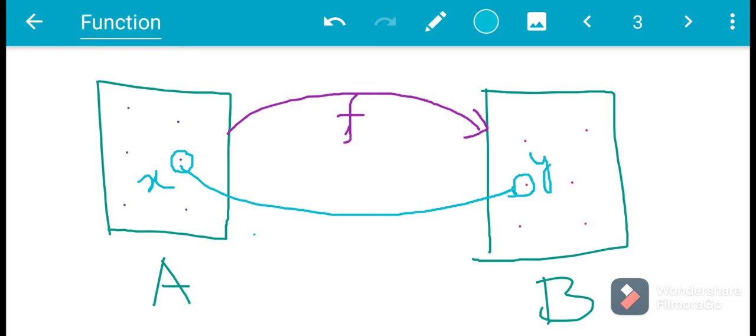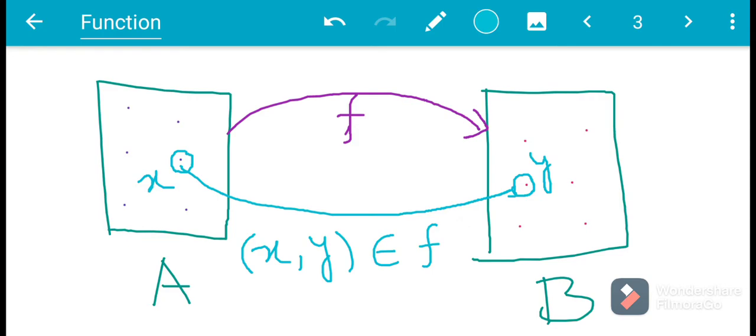Then by rule f, x is connected to y. In terms of relations, we usually write (x, y) belongs to the set f. Now f is also a set, I will define it. Now, (x, y) belongs to f.